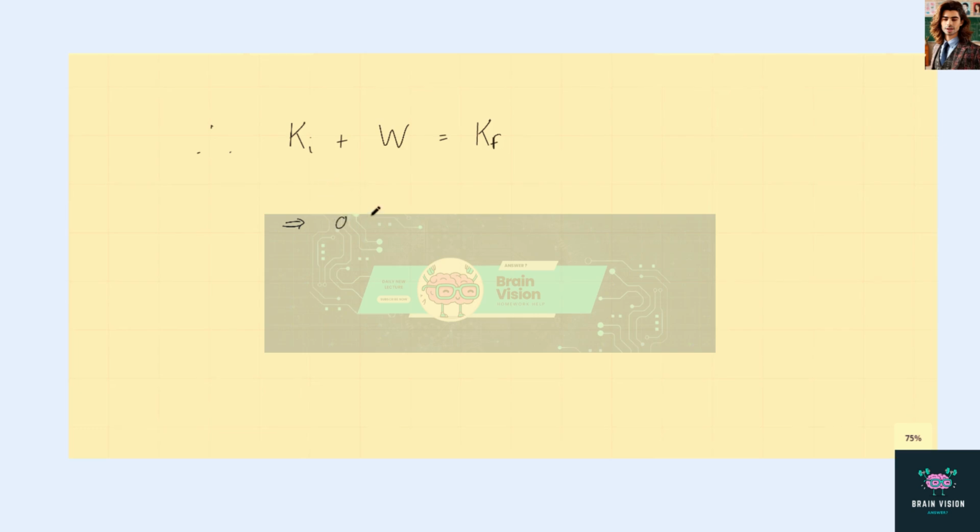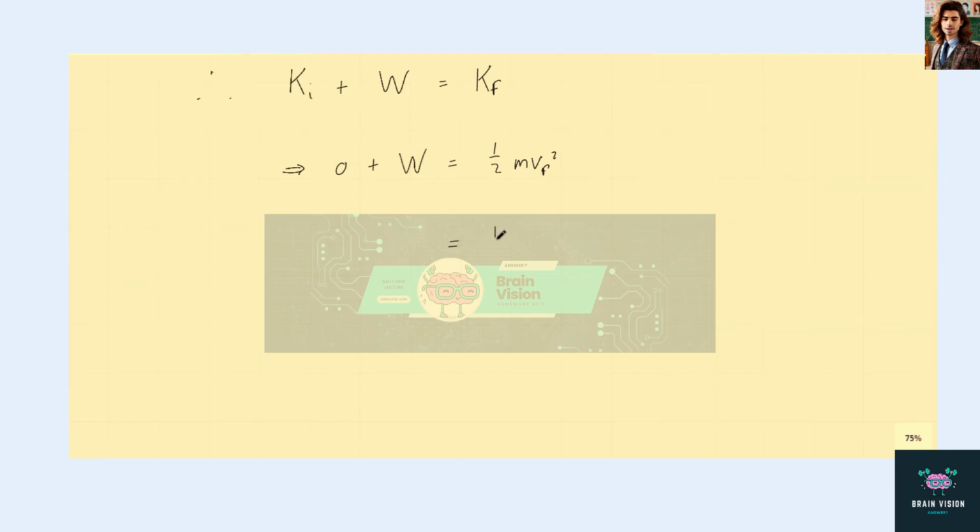So that's 0, which is the initial kinetic energy, plus the work done is equal to the final kinetic energy, a half m Vf squared.